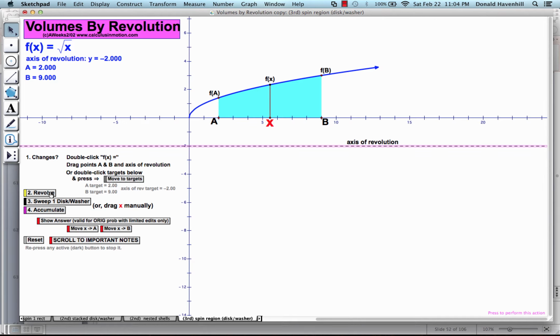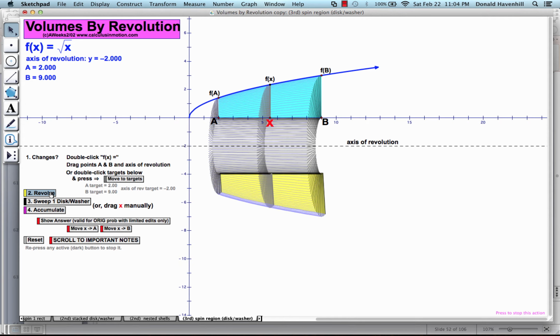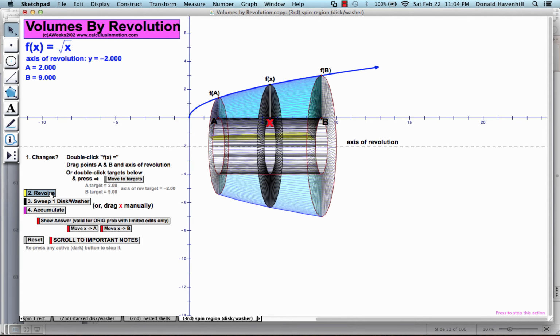Now, let's see what that looks like. What we see here is a much bigger shape that appears to have a big cylindrical hole drilled right through the middle of it.